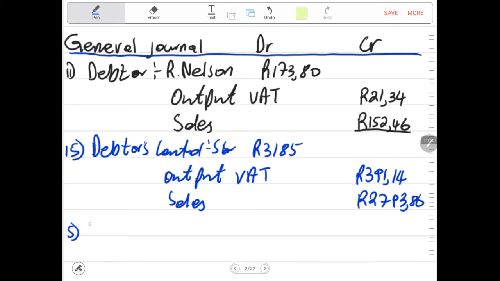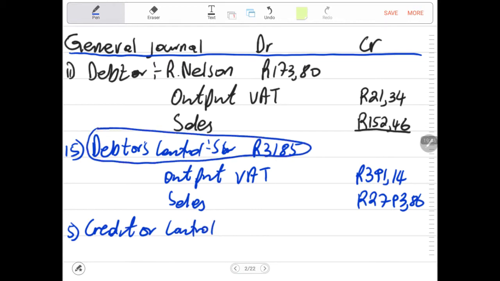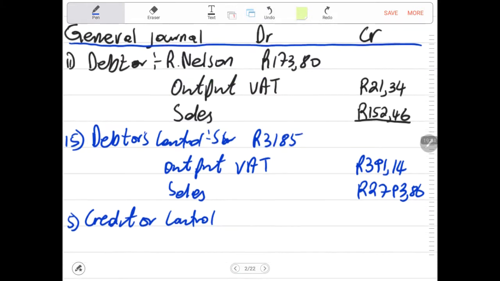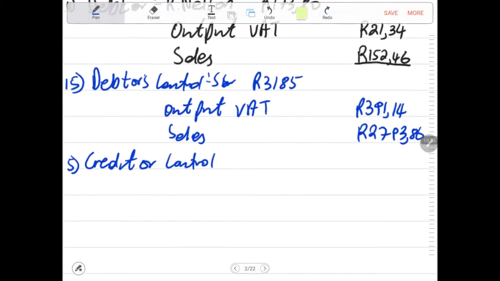What will be debited? We debit creditors control because our creditors will decrease on the debit side. Remember, a debtor is increasing on the debit side. In this case, we sold inventory to a customer, and the account of the customer must increase by the value of the inventory the customer bought.